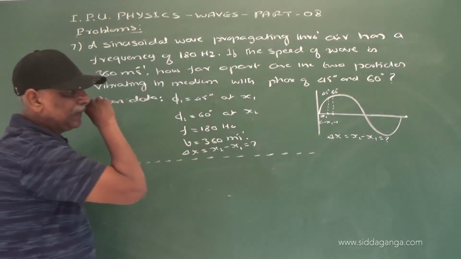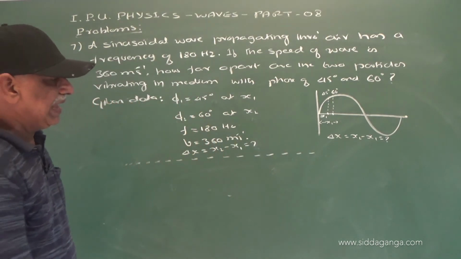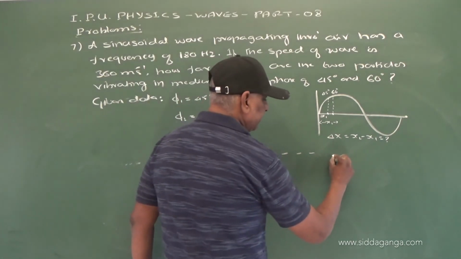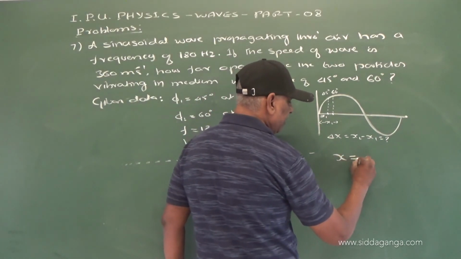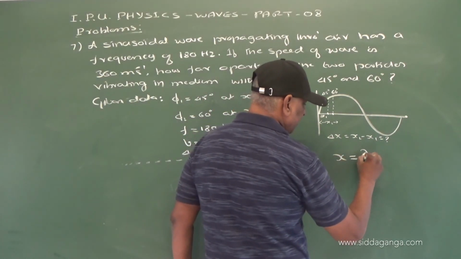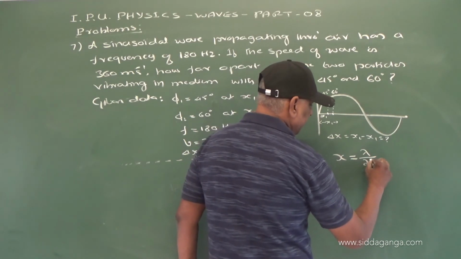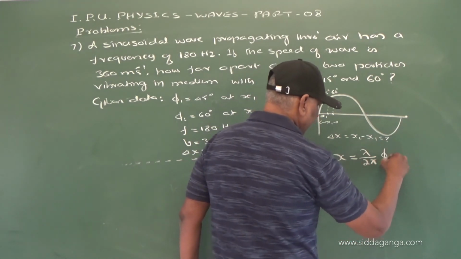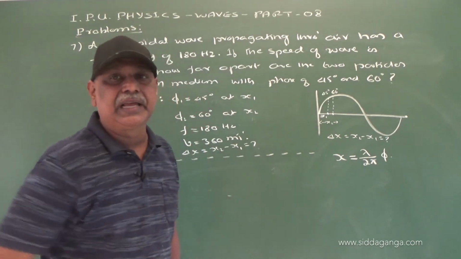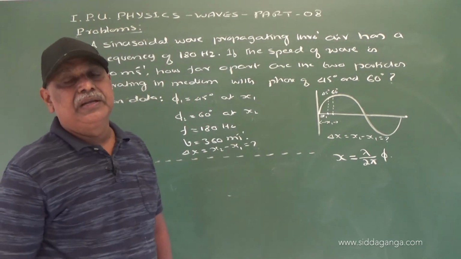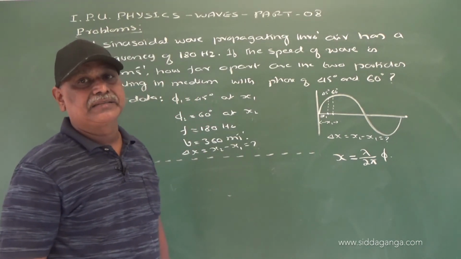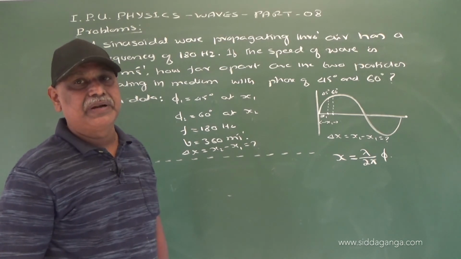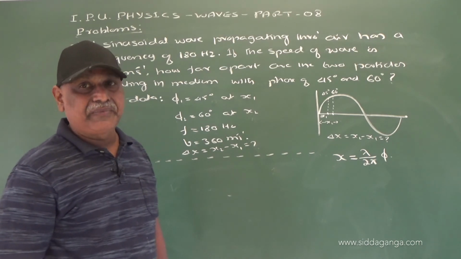Now, we have the distance of the particle from the origin, x is equal to lambda by 2 pi into phi. I have given it in the list of formulae, but in theory classes we have derived the relation between path difference and phase difference.